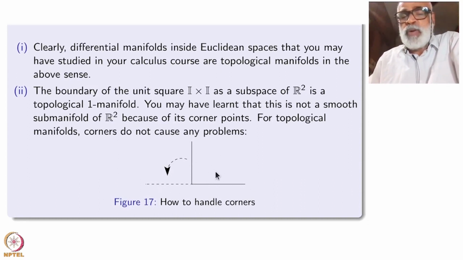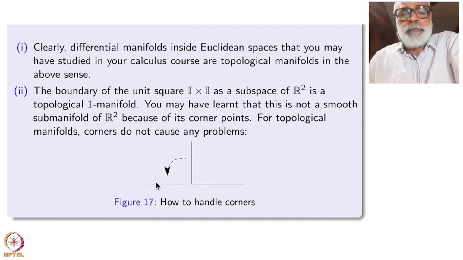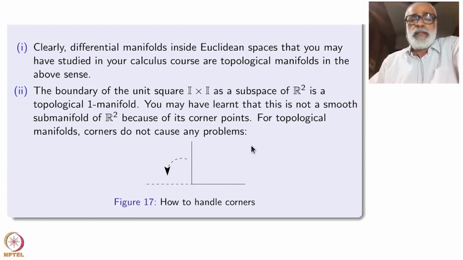In fact, you can write a homeomorphism from this first quadrant to the entire thing also. So this is a nice illustration. This picture tells you how to handle corners. Here, locally they are open line segments, no problem. But here, you have to just straighten it out to get a homeomorphism into the interval.